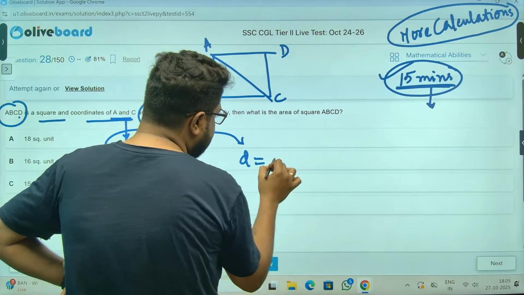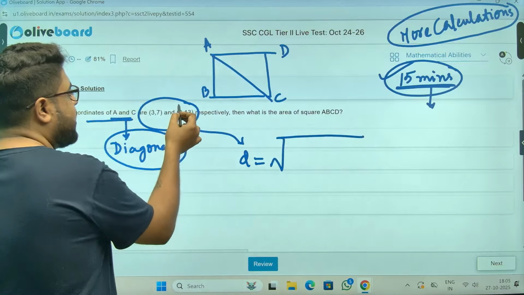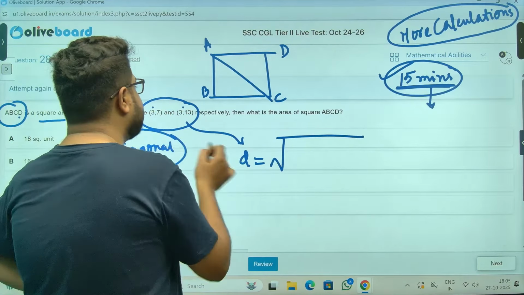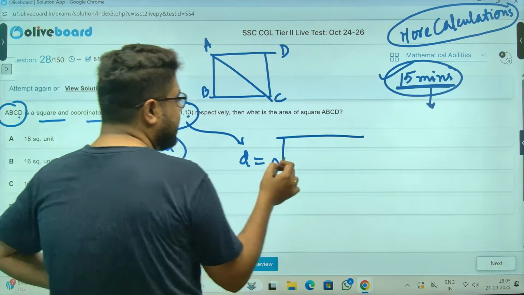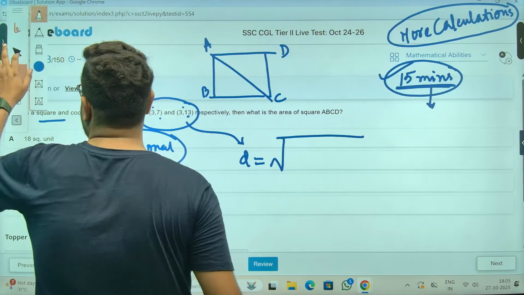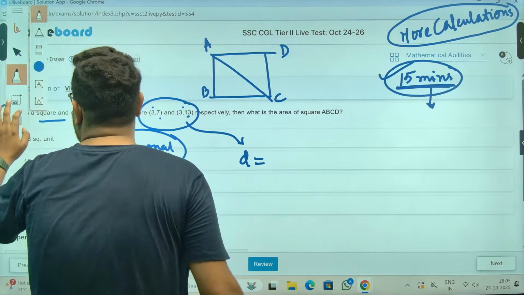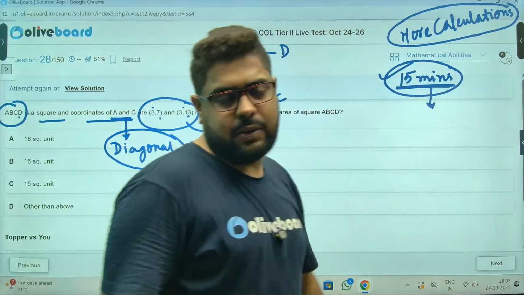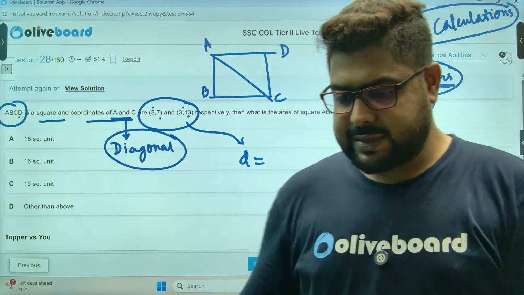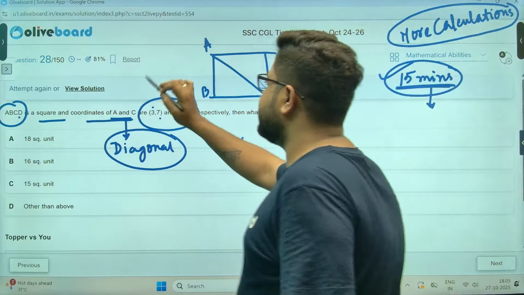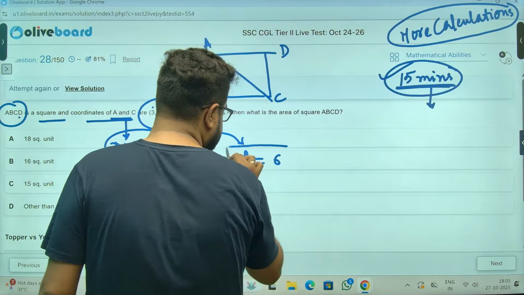I don't even need the distance formula, because this is on a line parallel to the y-axis. So 3 and 3, and 13 minus 7 directly, that is 6.